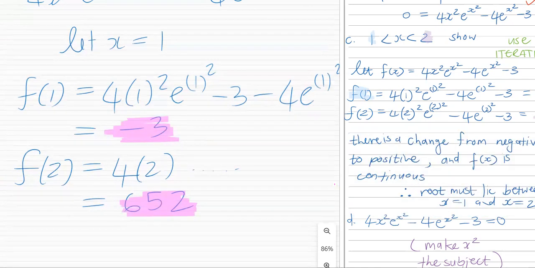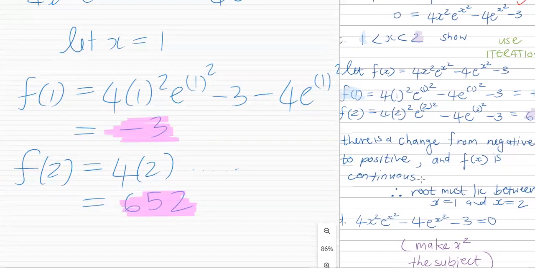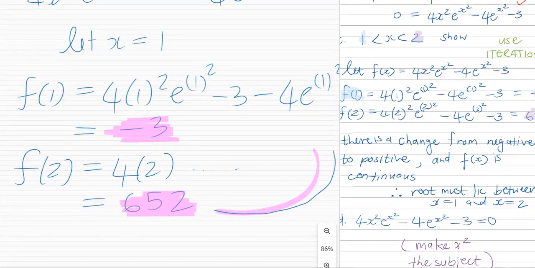So you should write that the sign changes from negative to positive. And this is a continuous equation, which just means that the equation doesn't have any breaks. So for example, if we had something that looked like that, there's a hole in it over there. It doesn't have that situation. It doesn't have an asymptote. So therefore we know that A lies between the two. And that's really all there is to it.